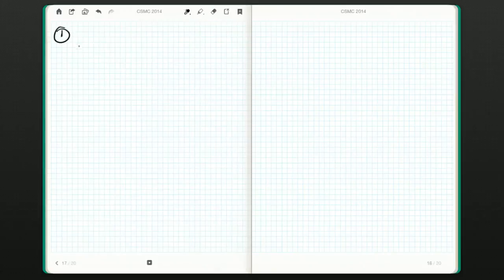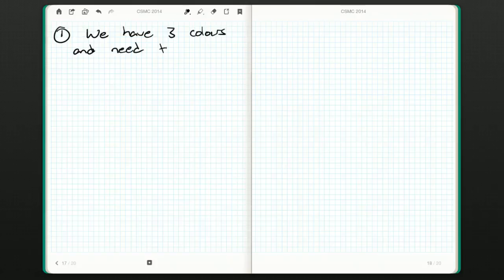So for case 1, we have three colors. We need to pick a color to paint all the evens. So we have three choices: red, blue, or green.